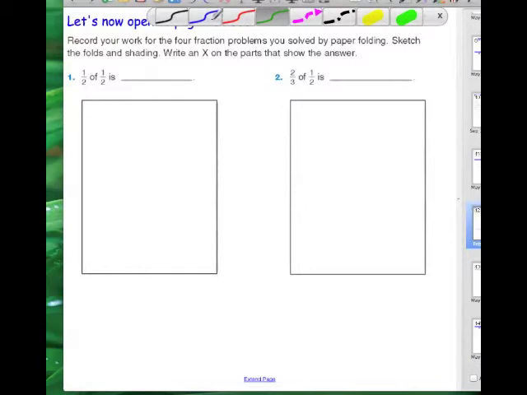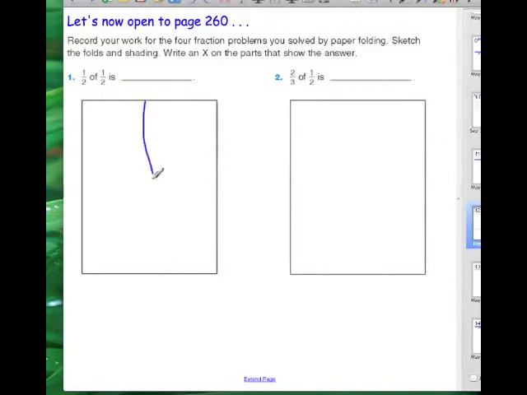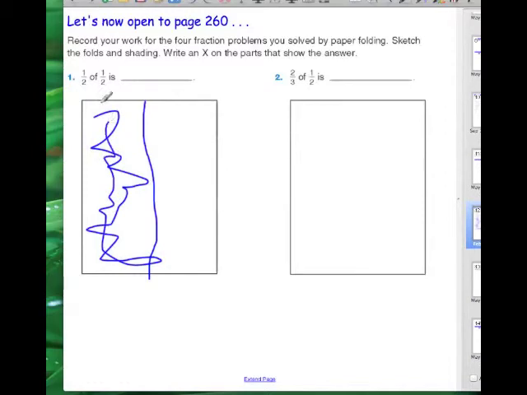So we just actually did the number 1/2 of 1/2, but we'll do it on this paper just to have a reminder. So first, 1/2, we're going to split it in half and shade the half. Your lines don't have to be perfect because mine are not. And then we have a half of that half.